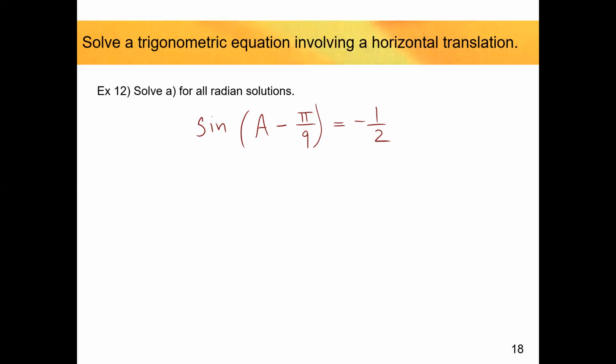All right, can't stand it any longer. Got to start it. So anybody help me out here? Quadrant 3 and 4. What is the angle measurement in radians that would produce a -1/2?